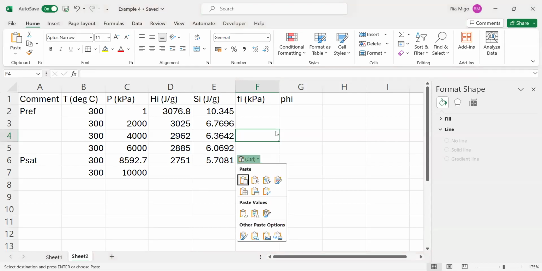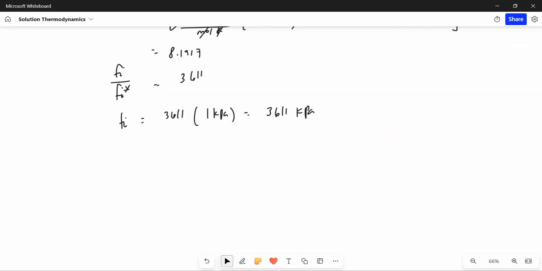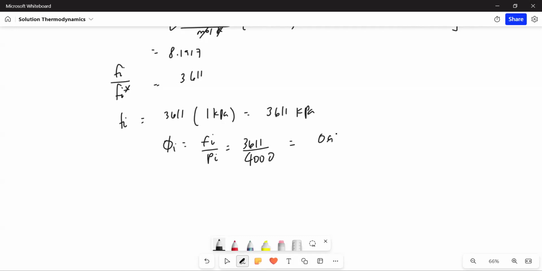We did not calculate for phi, so let's first calculate for phi. Phi is equal to fi over Pi, and that is 3,611 over 4,000, and that is equal to 0.9028.